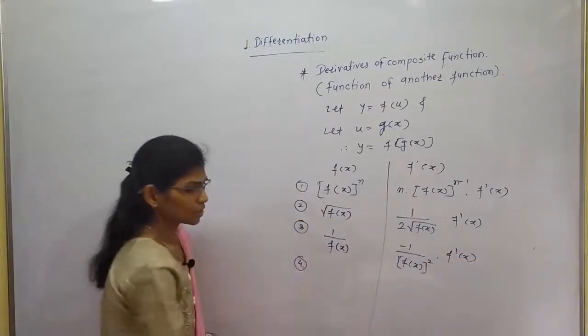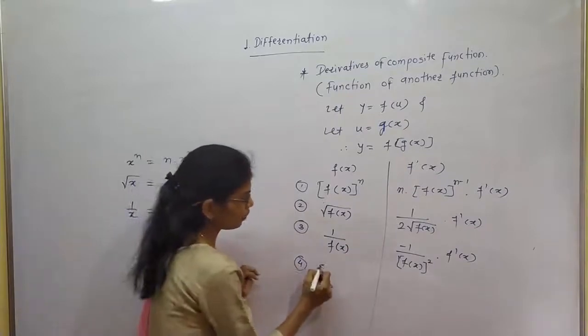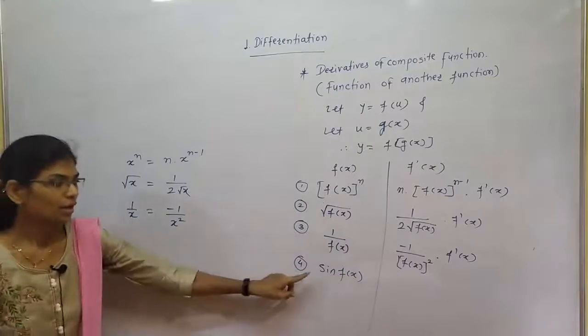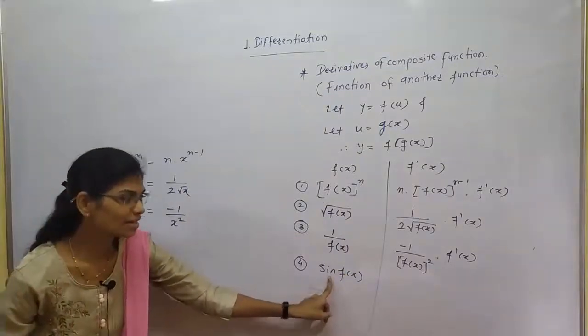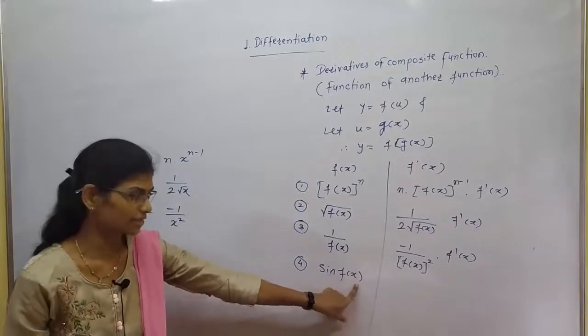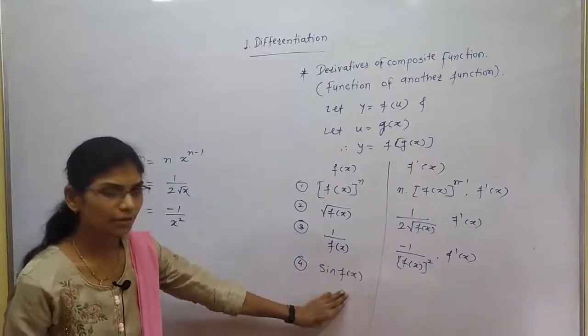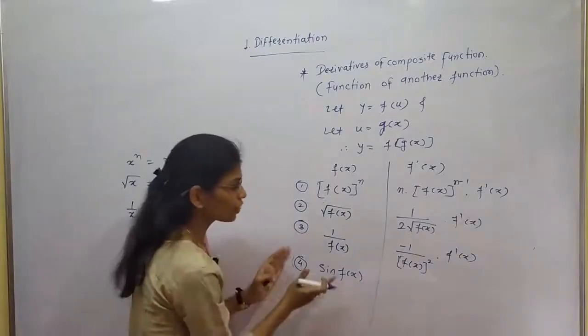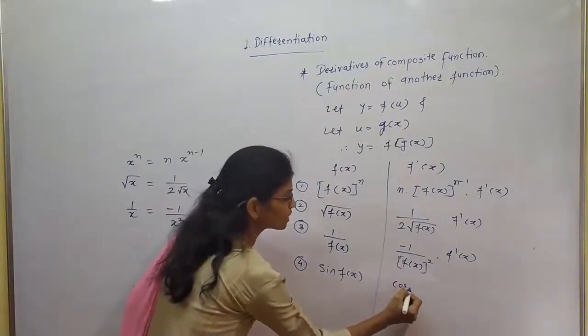Fourth formula is for sine of f of x. Here the whole function, sine of the whole function, is there. The derivative of sine x is cos x.